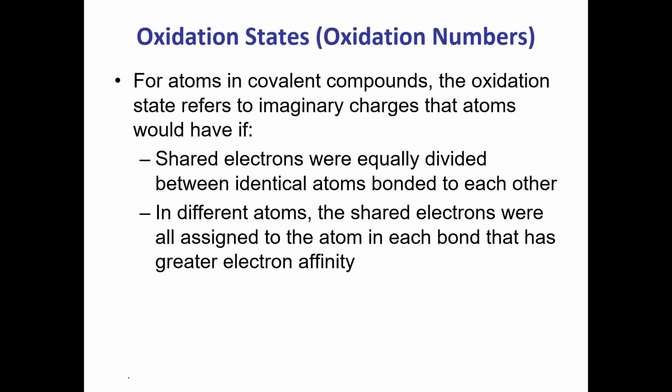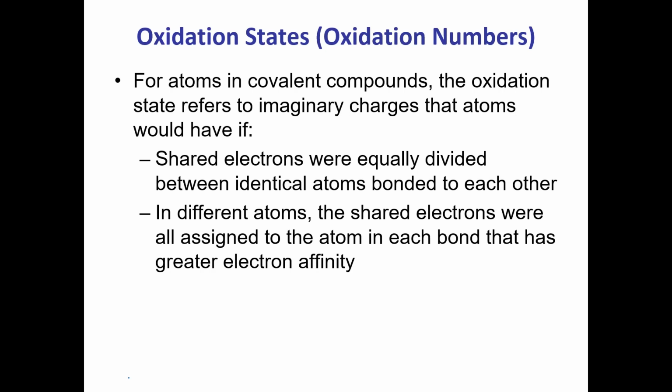So when we talk about assigning oxidation states, and we have to assign oxidation states to see whether we have an oxidation-reduction reaction, for an atom that's in a covalent compound, the oxidation state refers to the charge that atoms would have if those shared electrons were equally divided between the atoms that are bonded to each other.